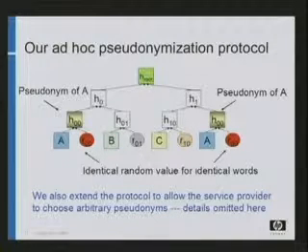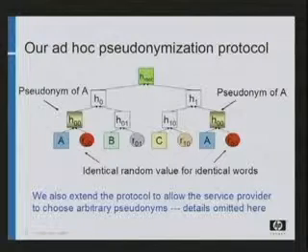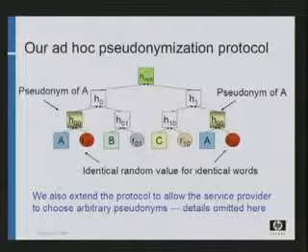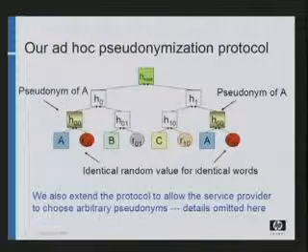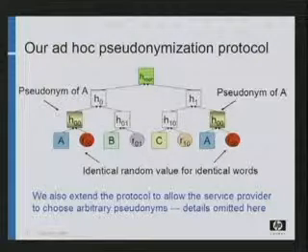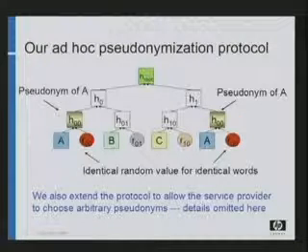If you're interested, I can find more information about this for you. So essentially, in this part of the work, we have verification of a pseudonymized document that is pseudonymized by a third party, but the verification is independent of the person that performed the pseudonymization.